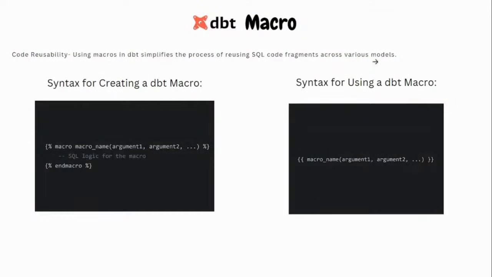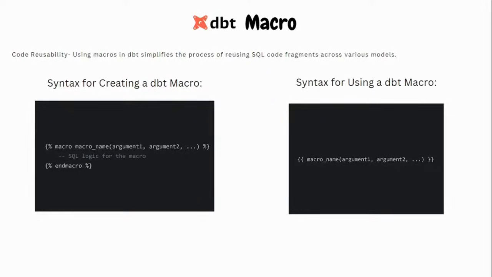Macro. dbt macros are pretty much like a function in any programming language such as Python or Java, where we write functions so we can use that code again and again. It's the same concept here, where we are simply writing SQL code that can be reused across various models. As I mentioned, the main purpose of a macro is code reusability and to make our work efficient.